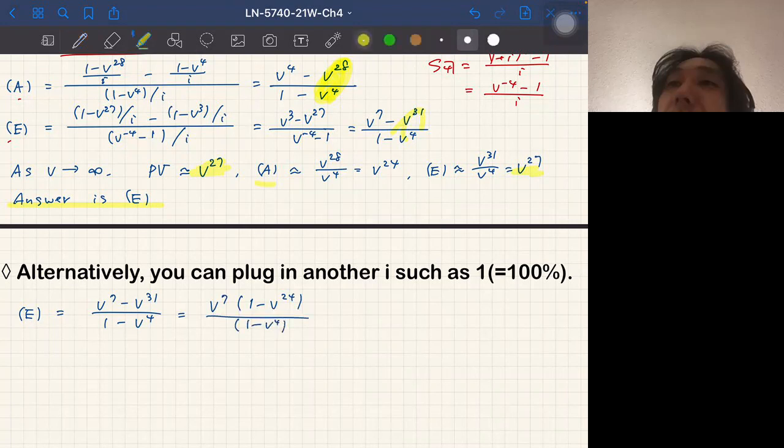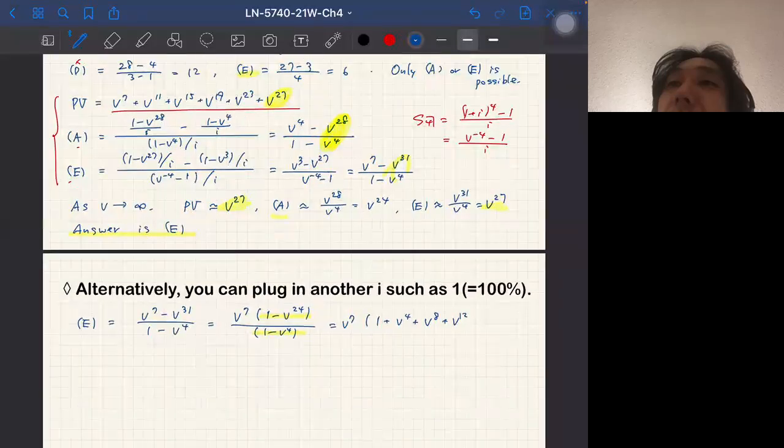And actually we can divide this by this. And this becomes v to the power 7 times 1 plus v to the 4th power, 8th power, 12th power, and go on, so 16 and 20.